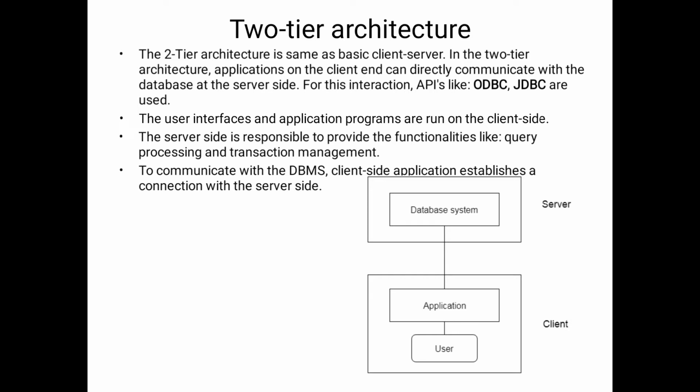Please observe, the user's aim is to request something from the application. From that point of view, we communicate with the server. Here the application client works through the application program interfaces. So this is the two-tier architecture.